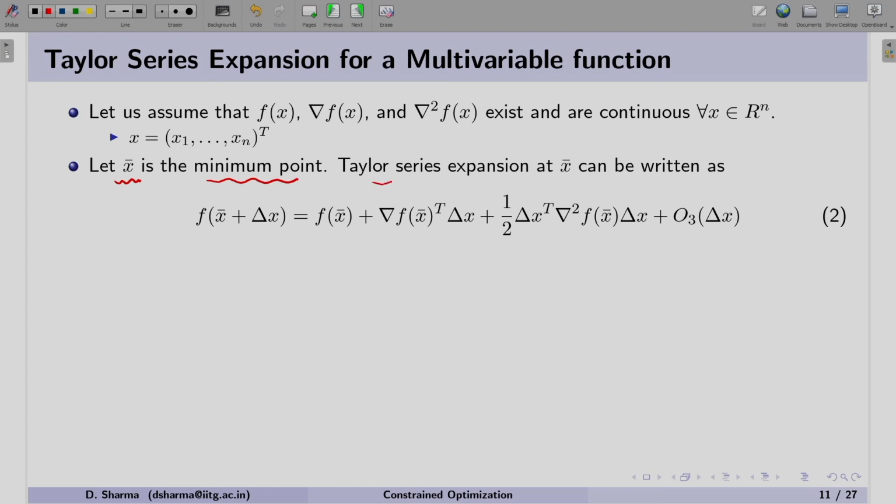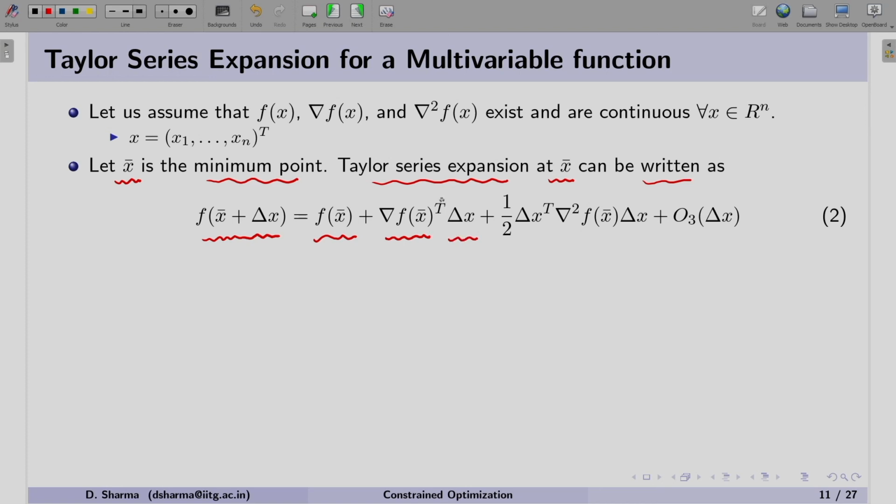We are going to use the Taylor series expansion at the current point x bar, and we can write f of x bar plus delta x as f of x bar plus the gradient of the function at x bar transpose delta x.